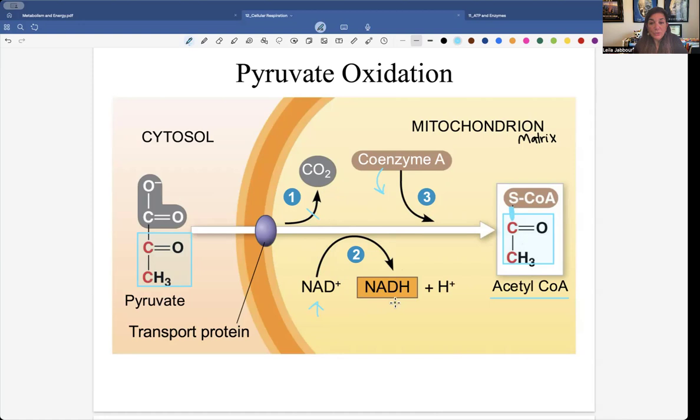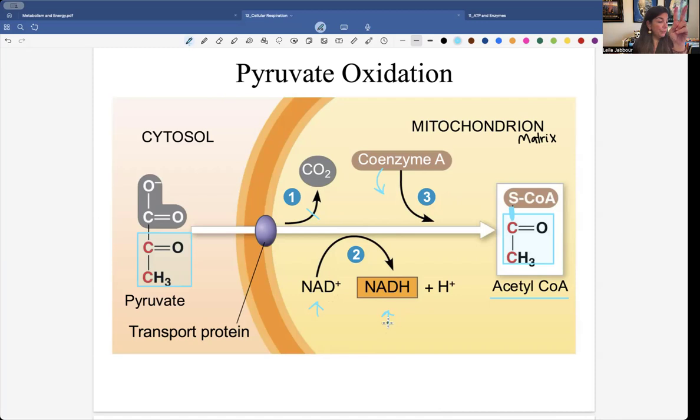NAD+ becomes reduced into NADH, and that basically allows you to take those electrons out of there. And coenzyme A is added on top. So NAD+ is going to get reduced into NADH, and so this is one more NADH that's being made.